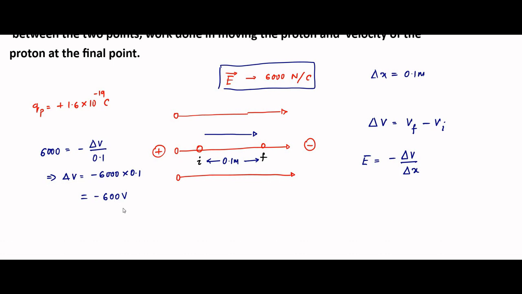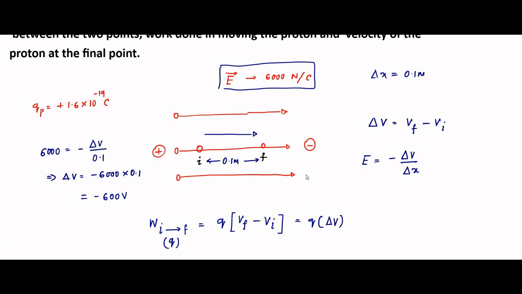Then the second part is work done in moving the proton from initial to final position. Now we know that the work done in moving any charge Q from an initial position to final position is equal to the value of that charge multiplied with the final point potential minus the initial point potential, or basically the potential difference between the 2 points.